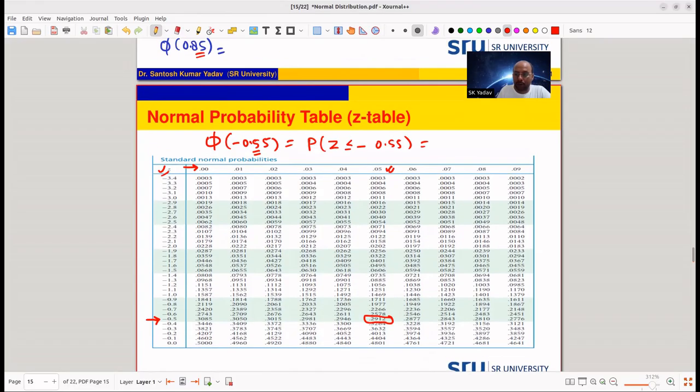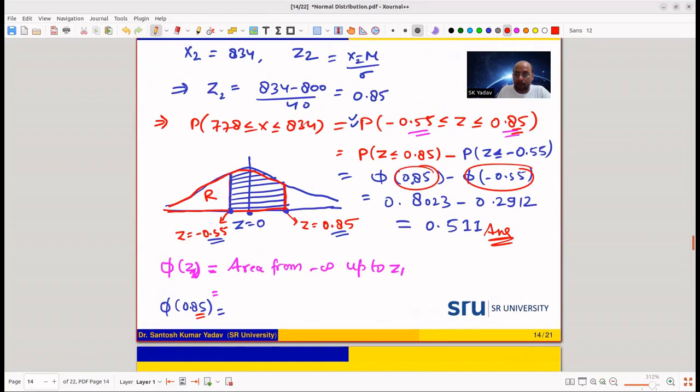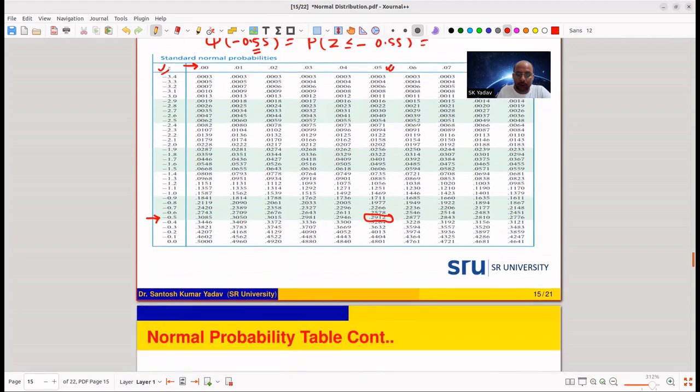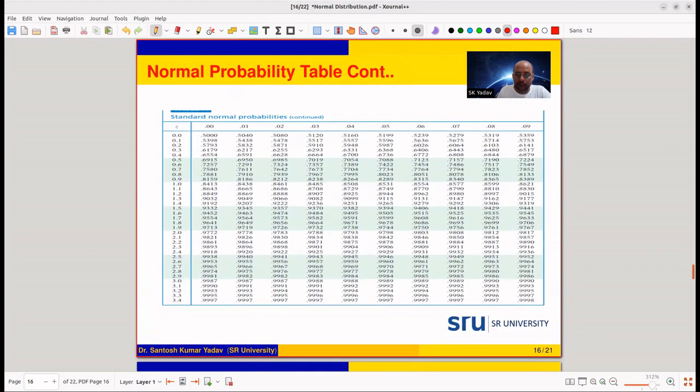Now the second value we require is 0.85. It is given in the positive table. The structure is the same here, and it is 0.85. So I have to go to the z value 0.8, which is here. And then I have to go for column number 5. So here.